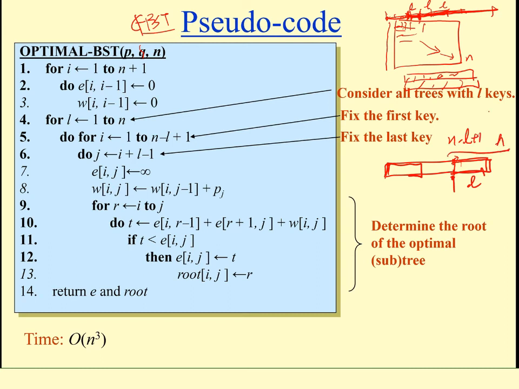In between, this one minus this one gives L minus 1, plus 1, so you have exactly L nodes. So this will be the rightmost position for the starting key, the first key of the subtree with L nodes, L keys.